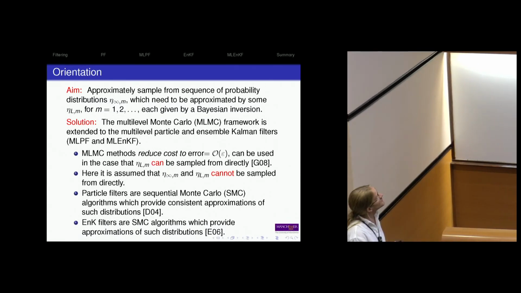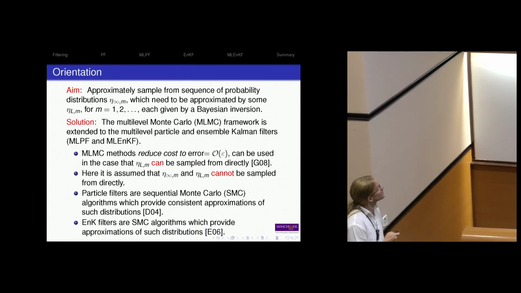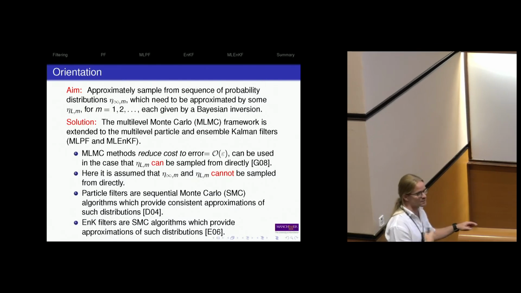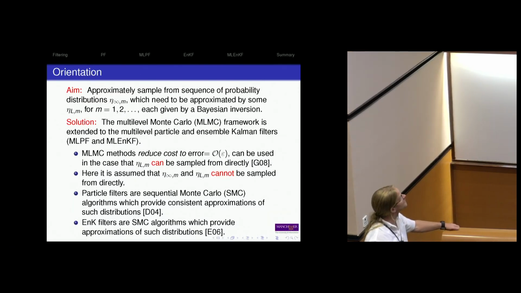So we want to approximately sample from a sequence of probability distributions, eta infinity m, which need to be approximated by some eta lm for this sequence of times m, which could in principle be indefinite. We're not going to bother too much with that question at the moment, but both of these algorithms can in principle be online algorithms.